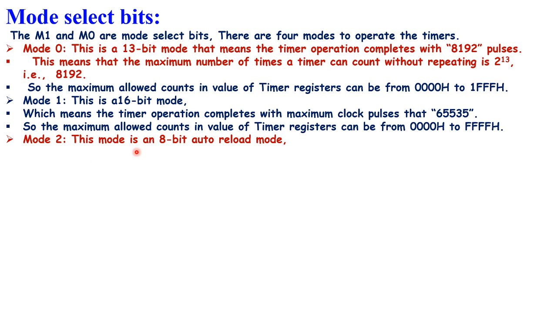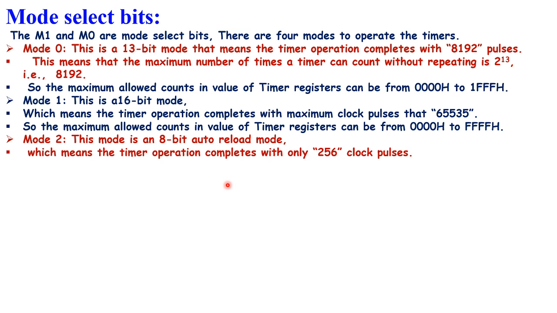Mode 2. In this mode, an 8-bit auto reload value mode is defined, which means the timer operation completes with only 256 clock pulses.